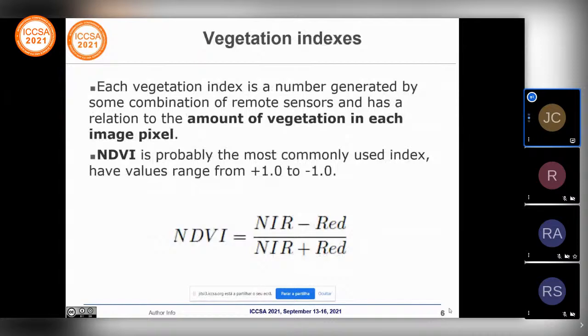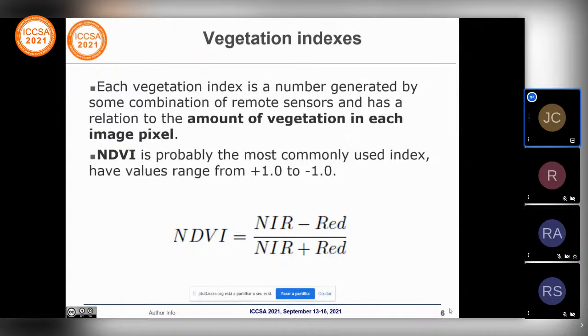Each vegetation index is a number generated by some combination of remote sensors and with a relation to the amount of vegetation in each image pixel. The normalized difference vegetation index, NDVI, is probably the most commonly used index. It has values that range from +1 to -1.